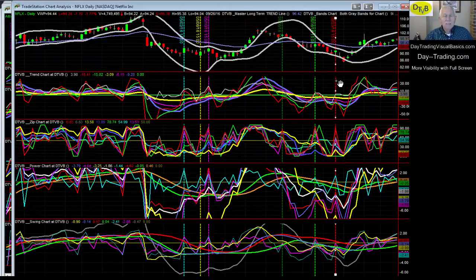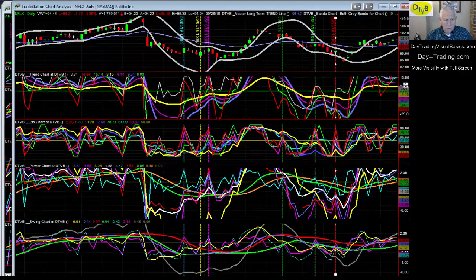And this is a divergent condition if you recognize it. When you have a green candle with zip green at zero, it's basically a divergent pattern. If you look in the trend chart, you also have trend red in an uptouch on zip pink, on trend pink, and that's a strong indication that you are going to be a next day down.